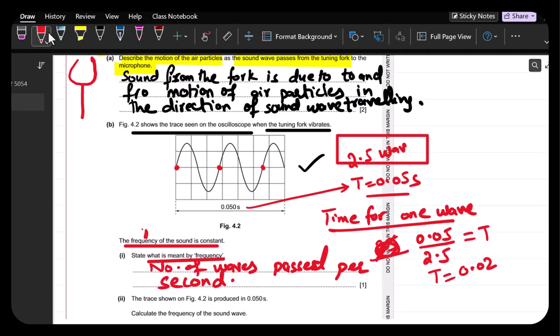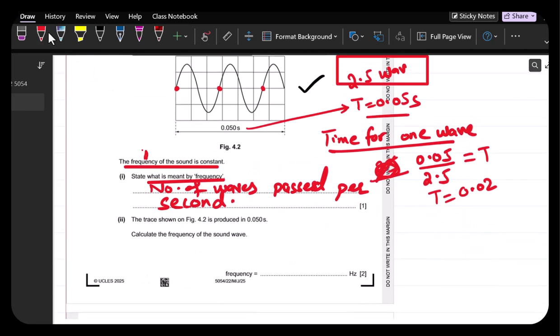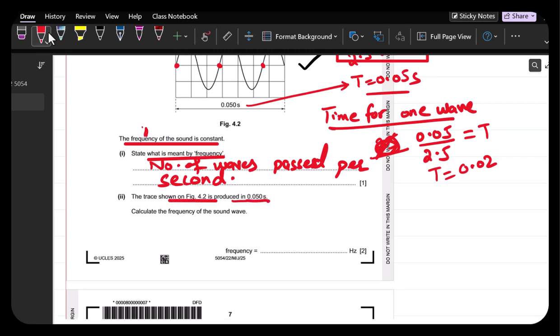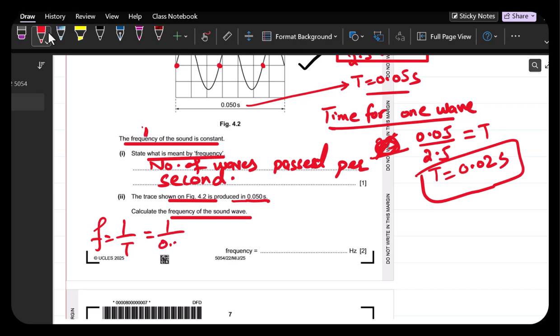Moving to the next part, the trace shown in figure 4.2 is produced in this much time, so calculate the frequency. You know frequency is equal to 1 over T. We have calculated the time here for one wave. So 1 divided by 0.02. If I calculate this, the frequency is going to be 50 hertz.